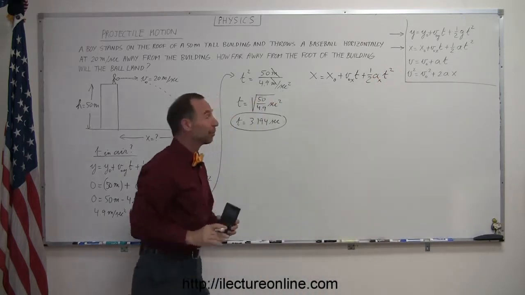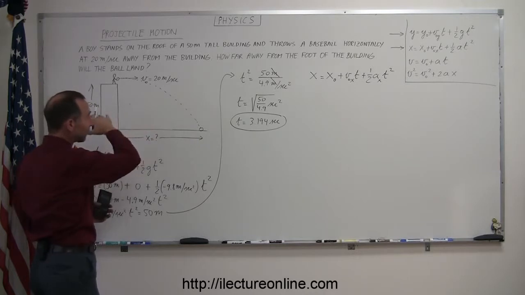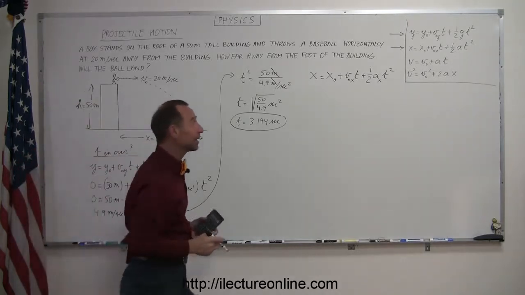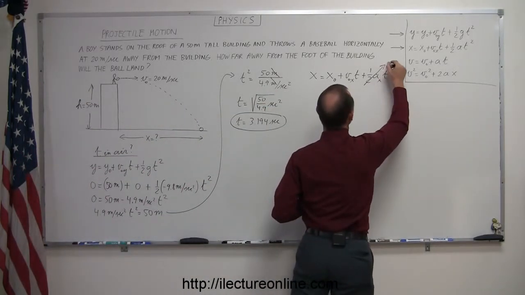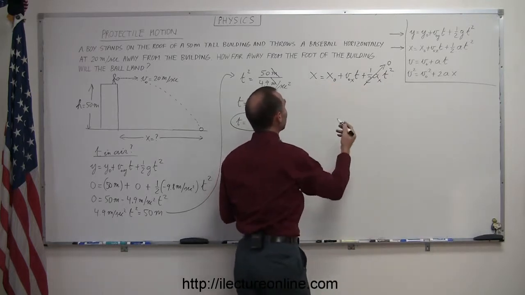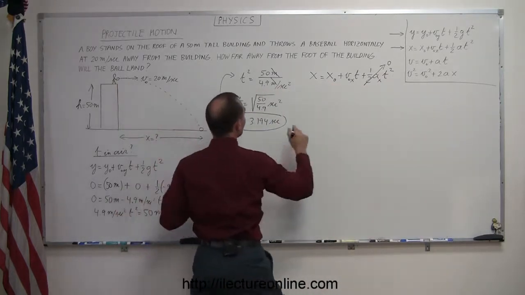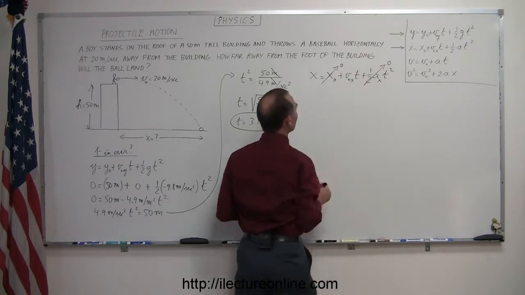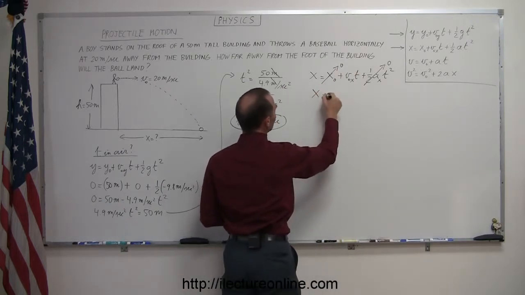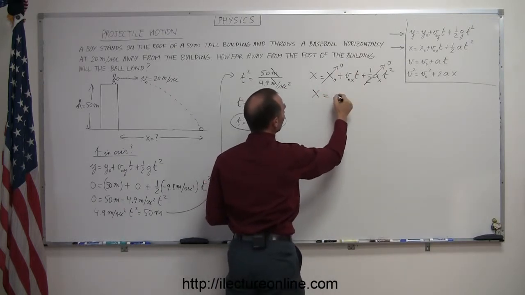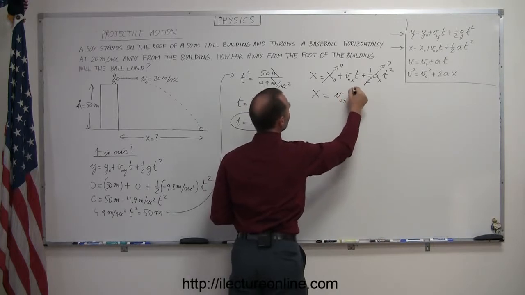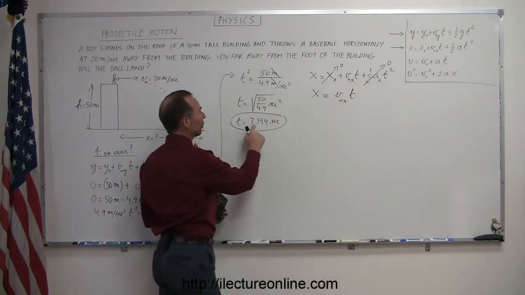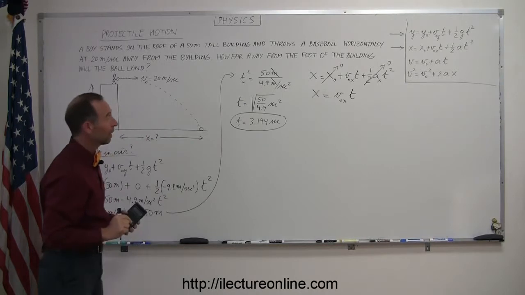Now, for a projectile motion, unless there's some force acting on it in the horizontal direction, there will not be an acceleration, so this goes to 0. And the initial position when time equals 0 was at the edge of the building, so that was also equal to 0. So this equation simplifies to the final distance covered equals the initial velocity in the x direction times the time in the air, which we got from the first part of the problem.